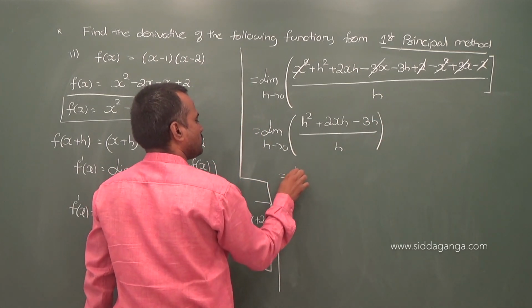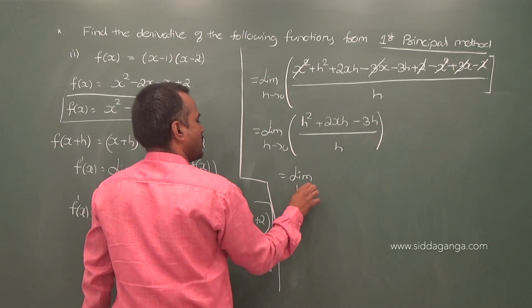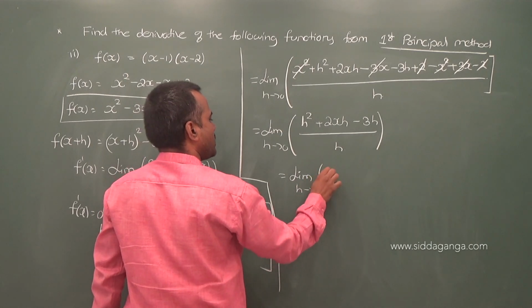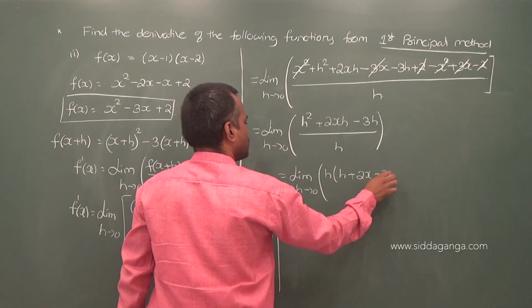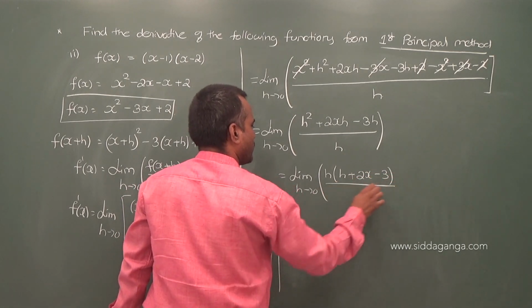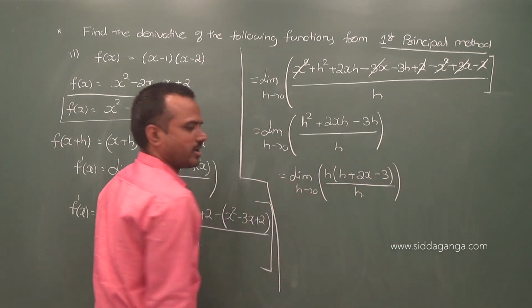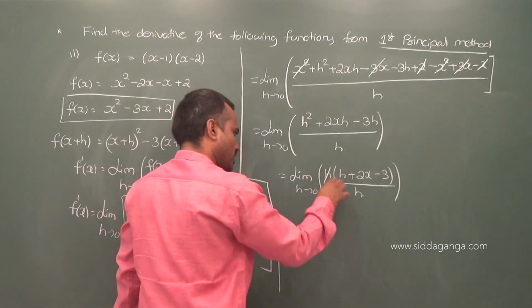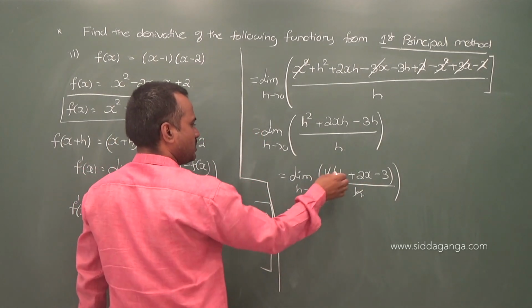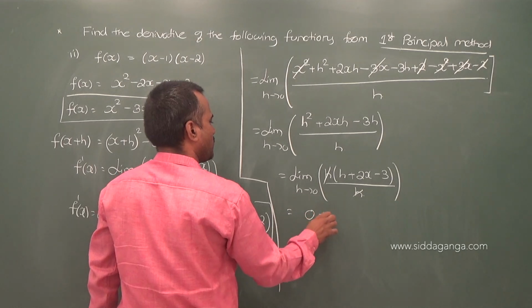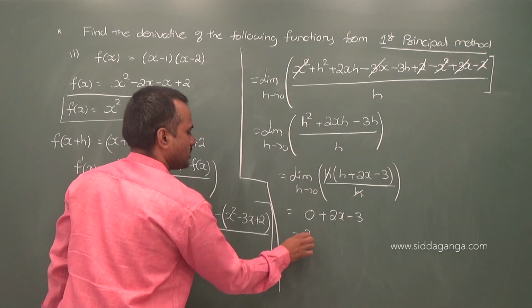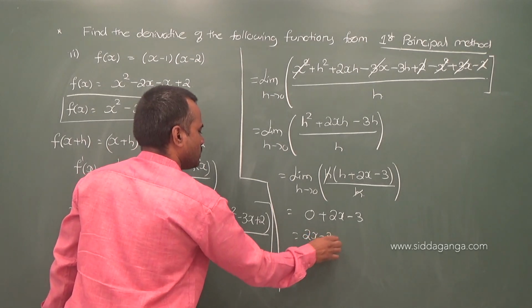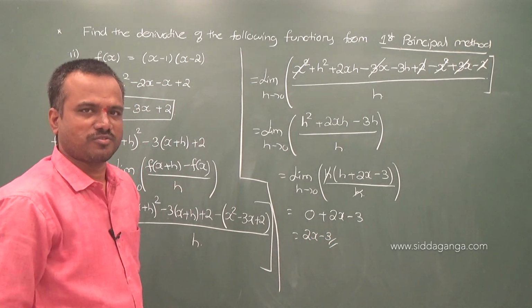Take h common, limit h tends to 0, h(h + 2x − 3) whole divided by h. So h gets cancelled. Substitute 0: 2x − 3. So the answer is f'(x) = 2x − 3.